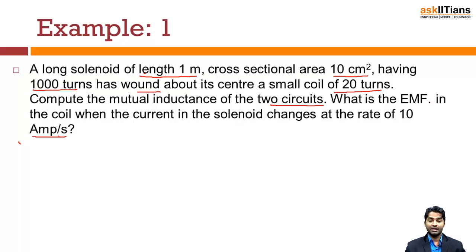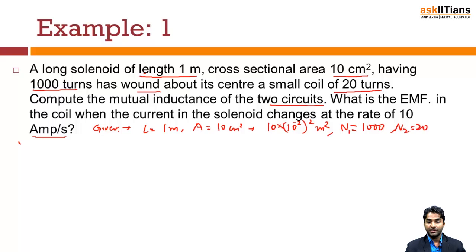First of all, we need to note down the given data: length L is equal to 1 meter, and area is given as 10 centimeter square. We need to convert it into MKS units, 10 into 10 to the power minus 2 whole square, meter square. Number of turns N1 is 100, and the center coil has N2 equal to 20 turns.